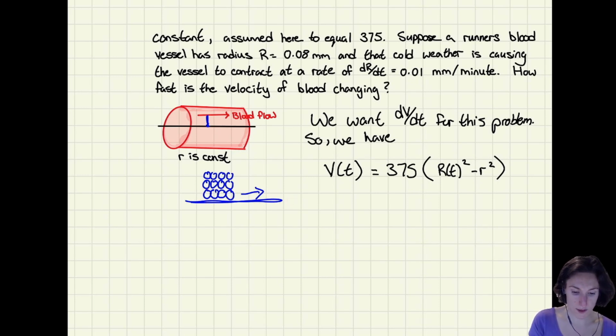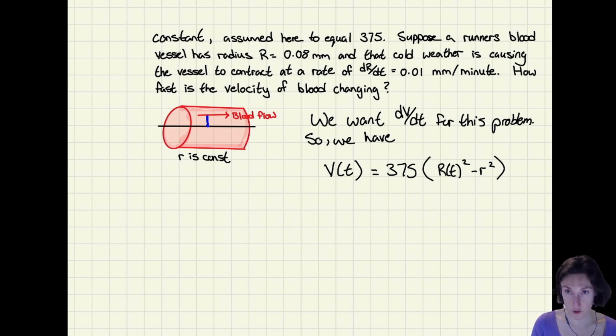Red blood cells are a specific size roughly, so that radius is going to be constant, even though the vessel is contracting. So that's our little r. And the capital R, the thing that's overall changing, is right here. So this is our expression, and this is what we need to differentiate.